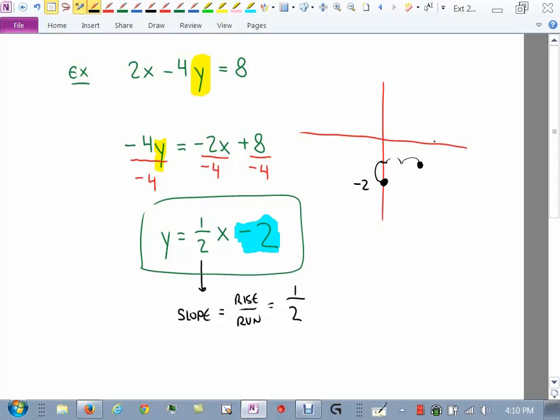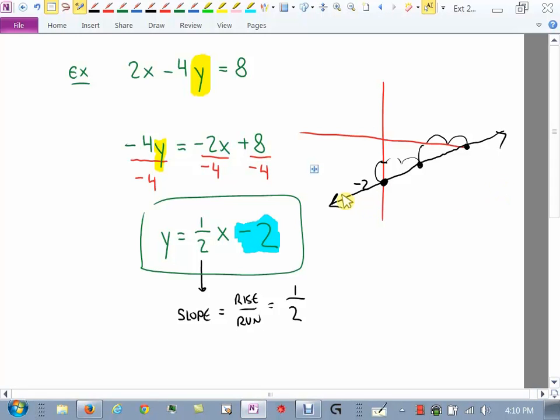And then I could be done right here, right? Draw a line. Or if I wanted to, I could rise up again, 1, and then go over 2. I get more points, draw the line. And if you look back at the way we did that with the table, it's the same line. So what do you think?